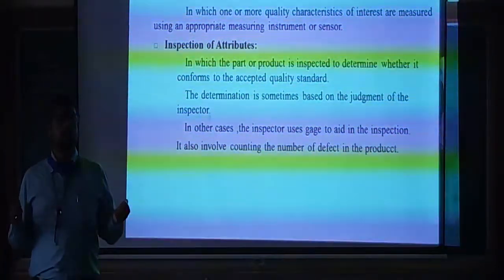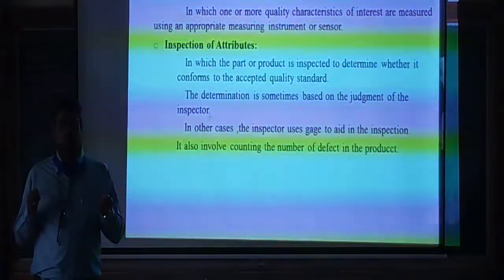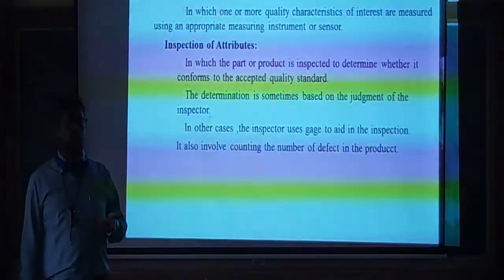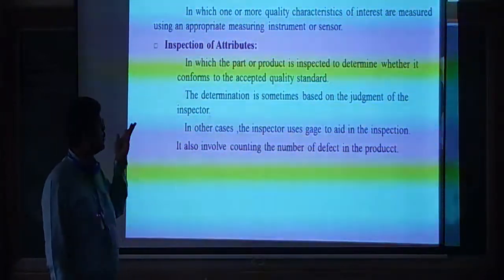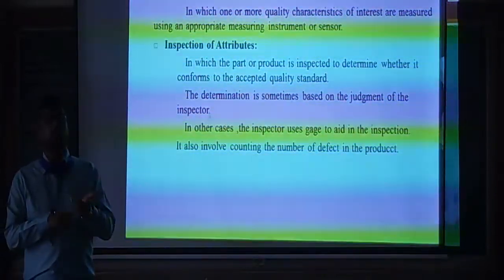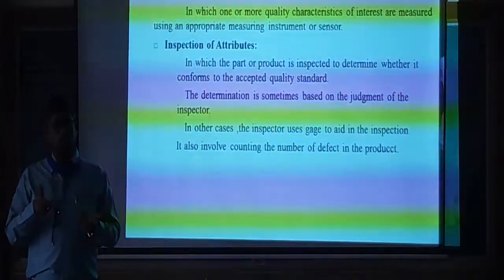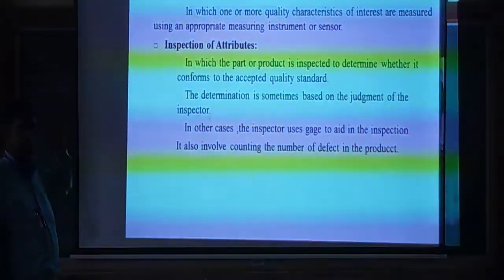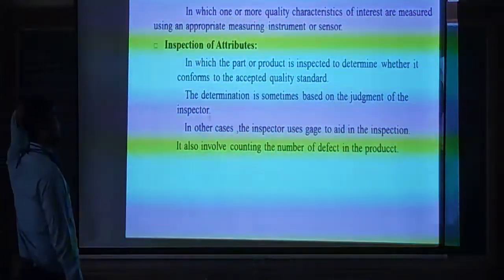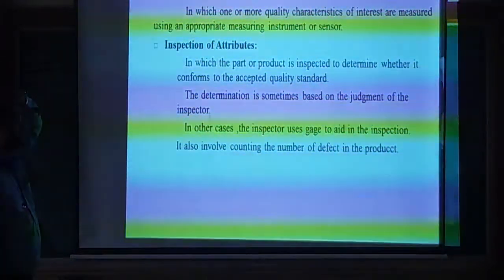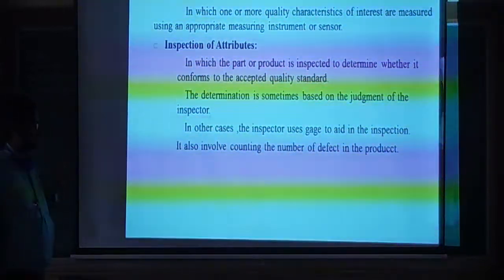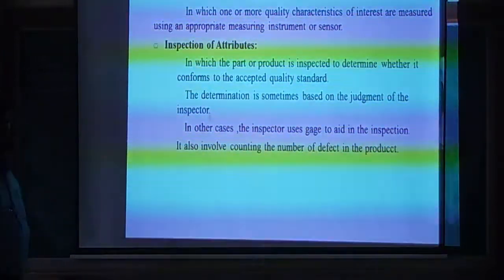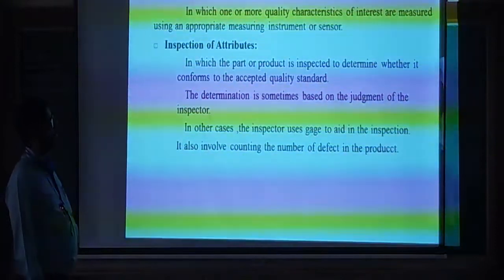If I want to measure the dimensions of a prismatic component, its length, width and height, using different measuring instruments like a digital height gauge or a depth vernier. So those are your variables: length, width, height, or diameter, which we can measure using the measuring instruments.